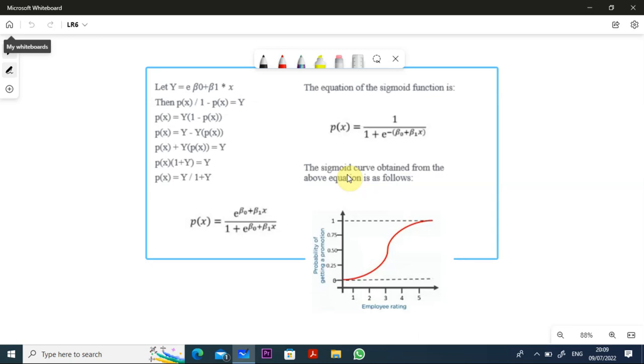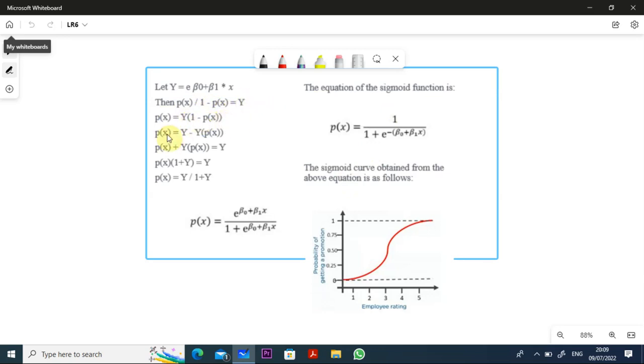Because logarithm of p divided by 1 minus p is equal to beta 0 plus beta 1 x. So we go for the exponentiation of both sides. Exponential of log is equal to 1, that you know. That means px divided by 1 minus px, and the right hand side is equal to y. Now simplifying, the denominator will be multiplied with y, that is equal to y into 1 minus px.